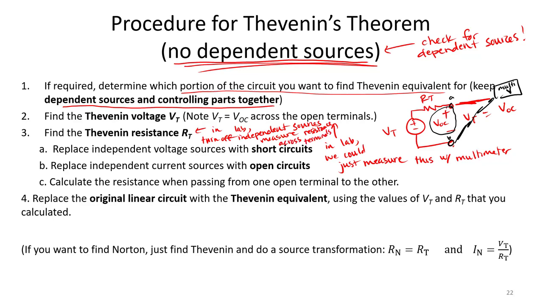We could take our multimeter, change it to measure resistance, turn off our voltage source, and we would determine what our Thevenin resistance is.